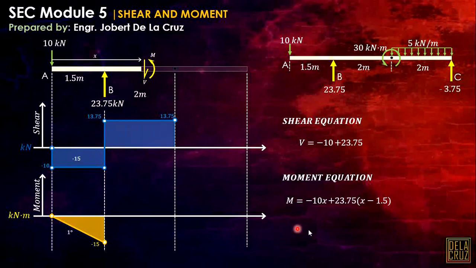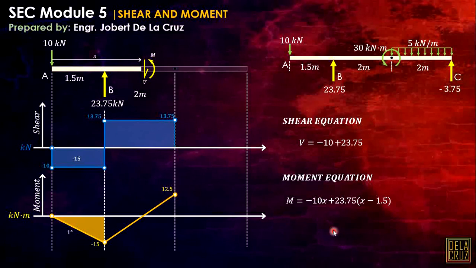Now, for the moment equation, from this point to that point, it will go from negative 15. Just substitute the value of x here, 1.5 plus 2, so x is 3.5. It will give us 12.5. Substituting the value of x as 3.5 up to this point gives us 12.5.